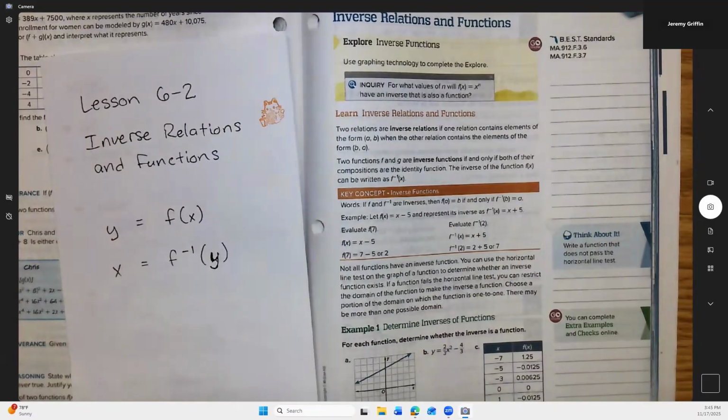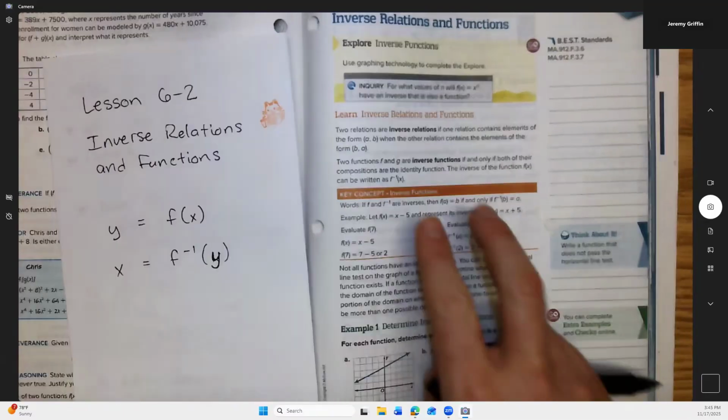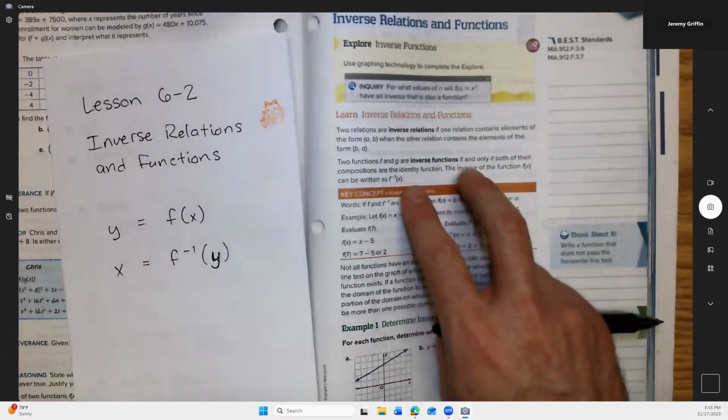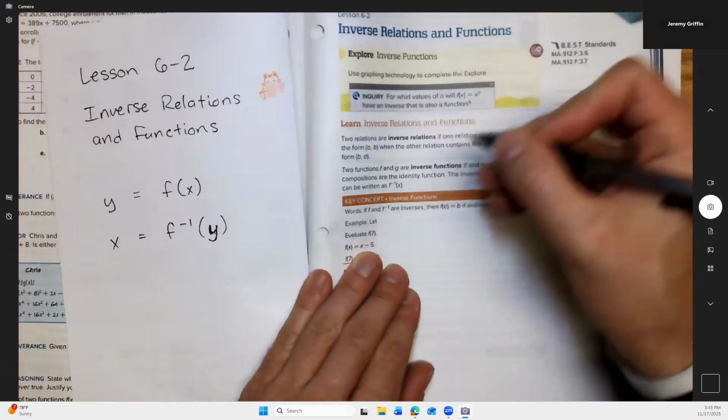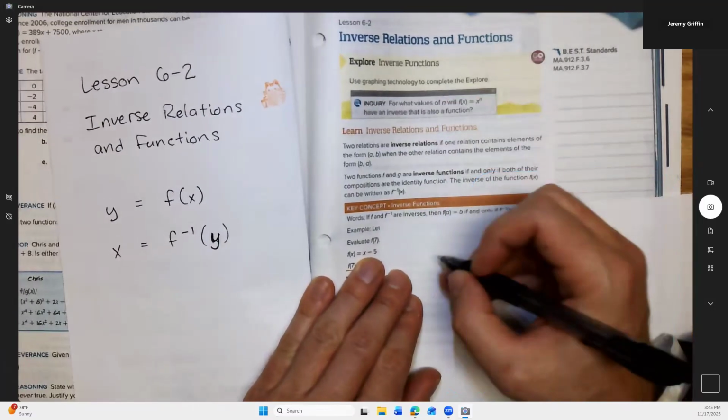Now, when they say their composites are the identity function, that means if you find f of g of x, and I'll write this out, and maybe we'll test this later, because there are a lot of cool little tricks you can do with inverses, and this is one of them.